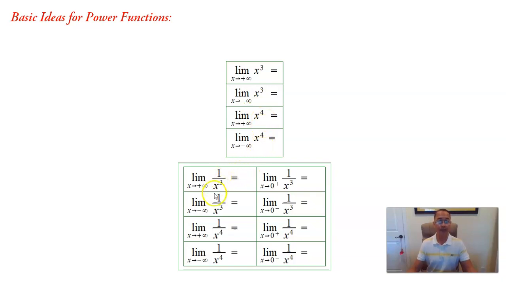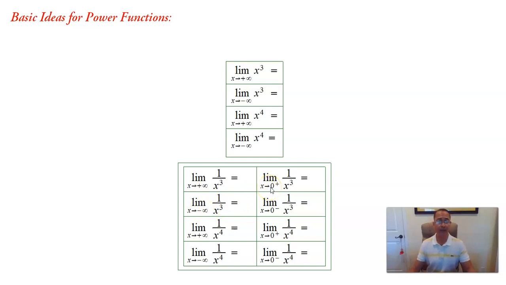Now, what happens when the power is negative? So we will think about 1 over x cubed, in other words, x to the minus 3. And aside from asking what happens as x is getting bigger and bigger, whether it's positive or negative, what happens also as x is approaching 0?